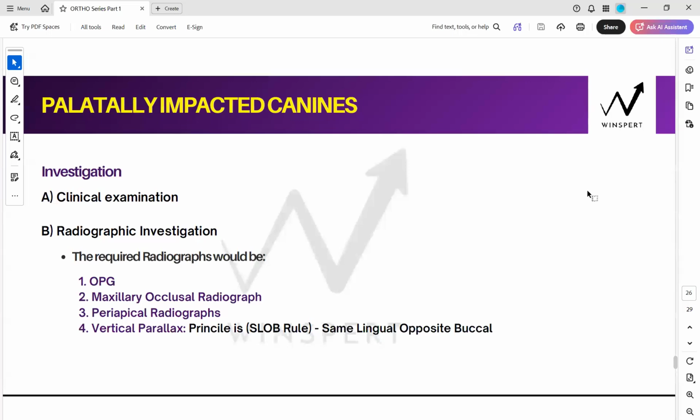OPG can give you the broader assessment of your developing dentition, but again will not give you the complete lingual and buccal positioning and the complete root status of the adjacent incisors. So that is why, if you have to know the best amongst three, it is periapical radiograph, two periapical radiographs with parallax technique. Clear for everyone? So far, so good.